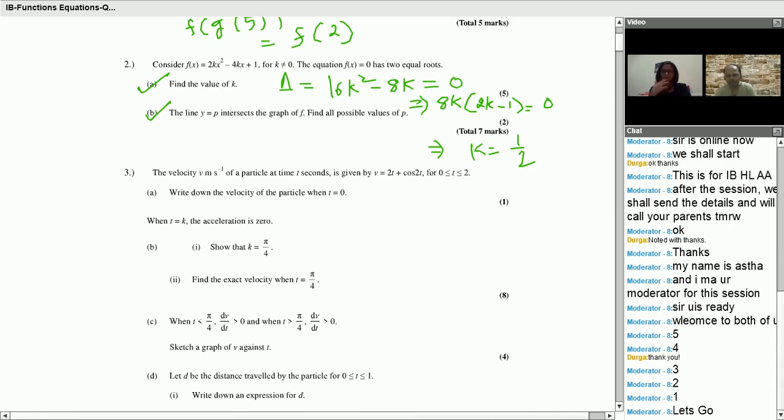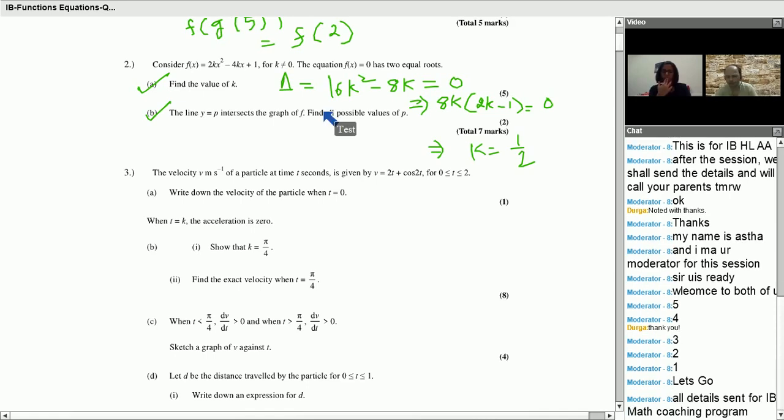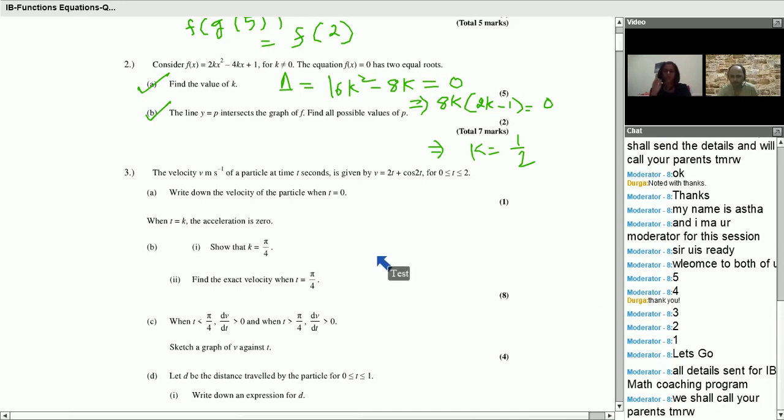You can see that it refers to a parabola, as I said. And now you can see they are saying y equals p. Which type of line is this? Vertical. Yeah, vertical line. Is it vertical?